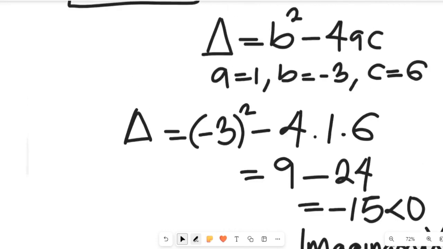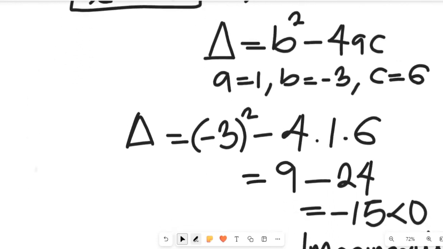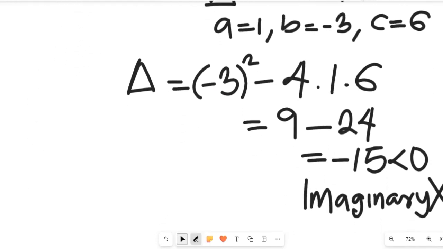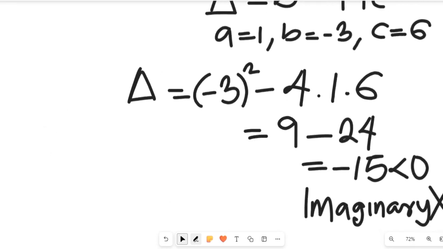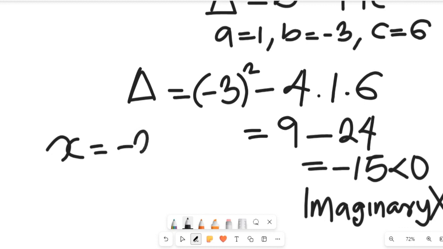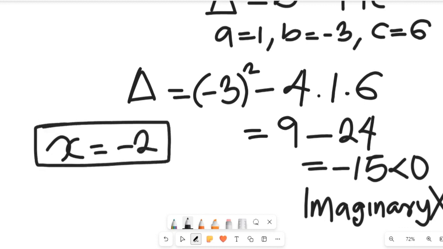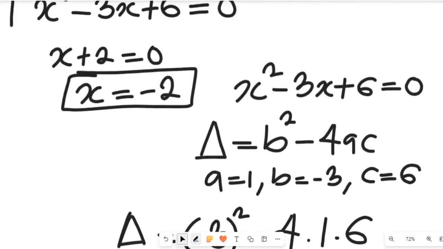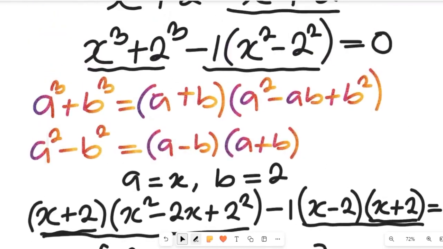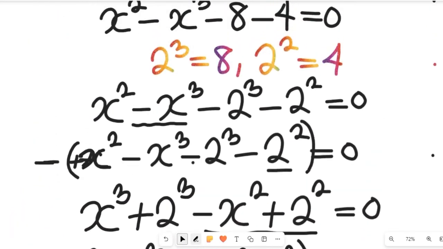And the only real solution we'll have is x equal to negative 2. And that's the solution that satisfies that exponential equation. Now we want to check if that solution is absolutely right.